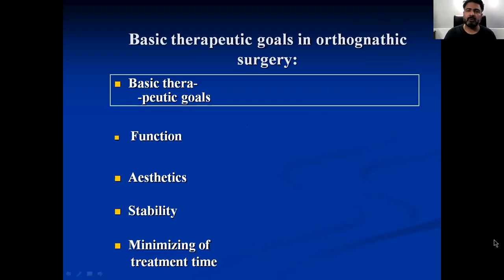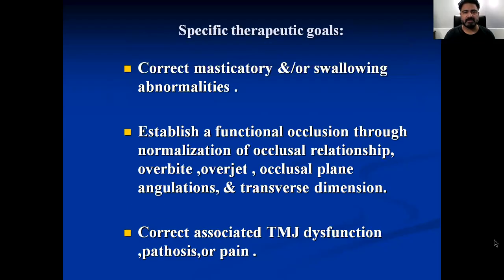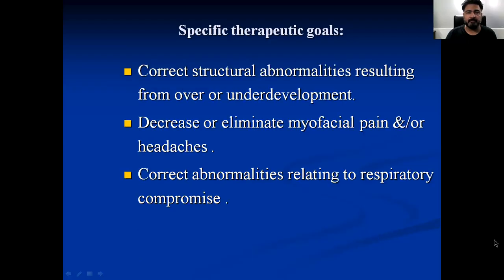So the basic therapeutic goals of orthognathic surgery are function, aesthetics, stability, and minimizing the treatment time. Specific therapeutic goals are to correct masticatory or swallowing abnormalities, establish functional occlusion through normalization of the occlusal relationship, overbite, overjet, occlusal plane, angulations, and transverse dimensions, and correct associated TMJ dysfunction, pathosis, or pain.